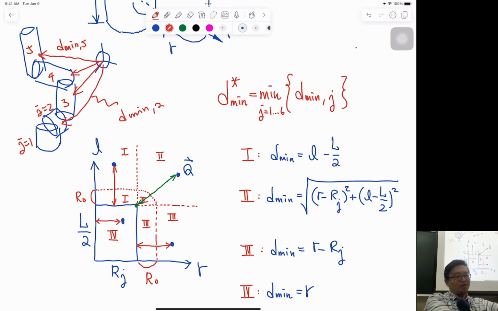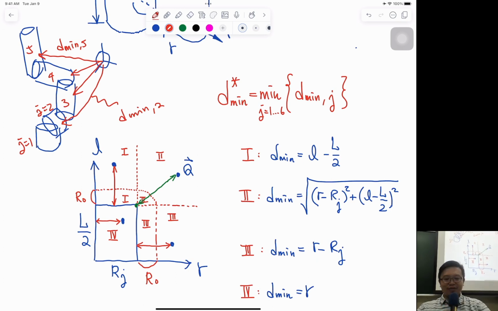That's another transformation, because the Q was analyzed in the world coordinate, not on the body fixed frame. So once you are able to transform the world coordinate to the body fixed frame, you should be able to figure out what's the Q point in this body fixed frame. Okay, that's the tricky part.